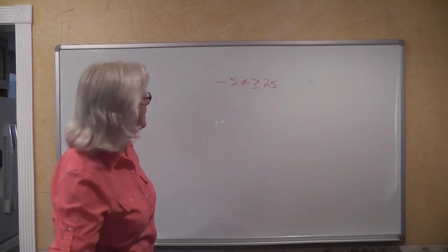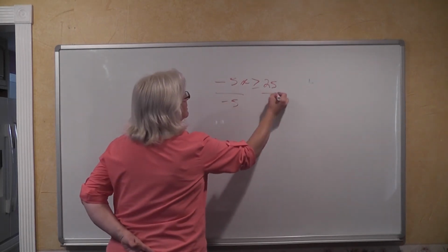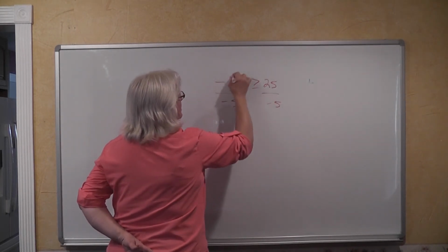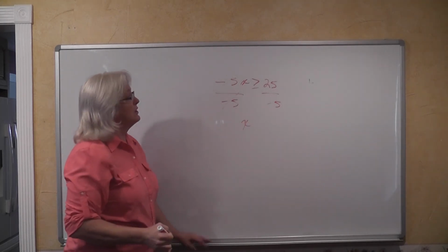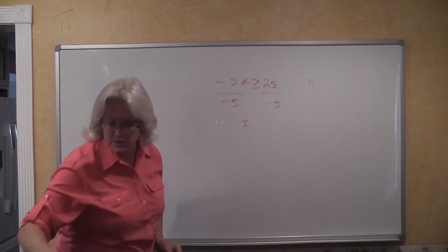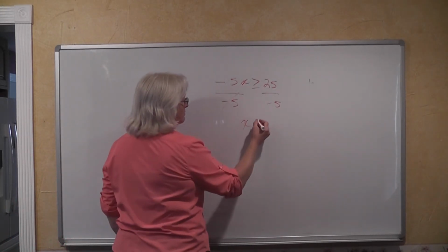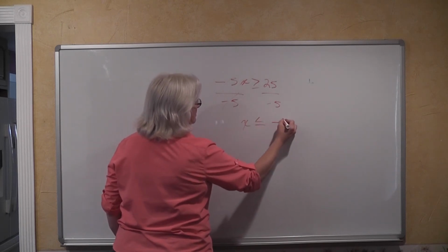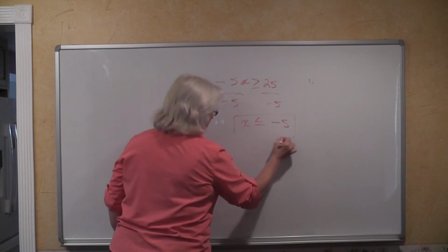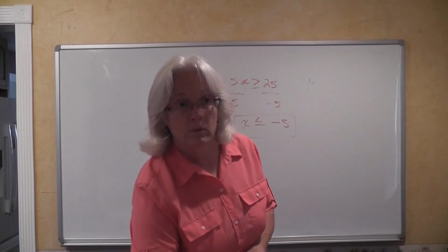We have to divide both sides of that inequality by a negative 5. Because we are dividing by a negative number, you have to reverse the direction of that inequality. So instead of greater than or equal to, x has to be less than or equal to a negative 5. That's all that's involved in doing these problems.